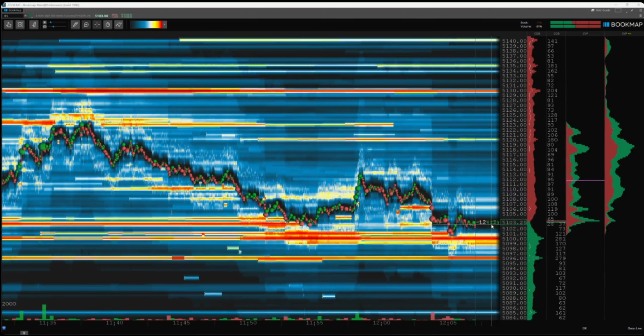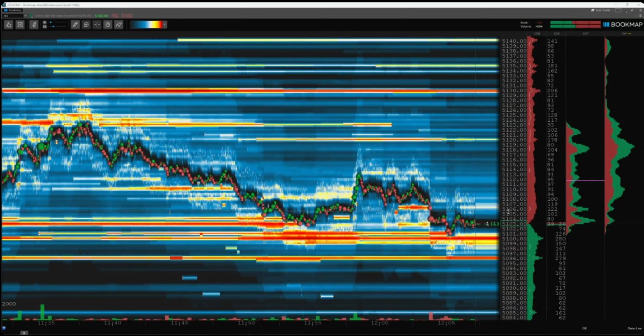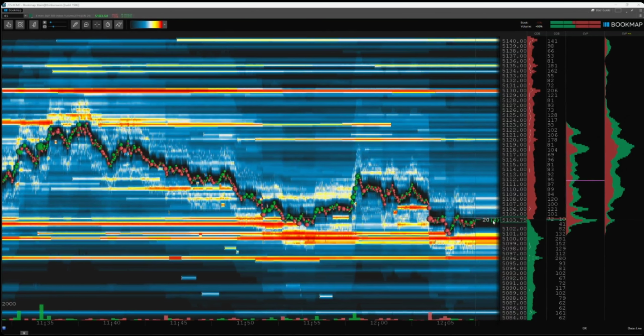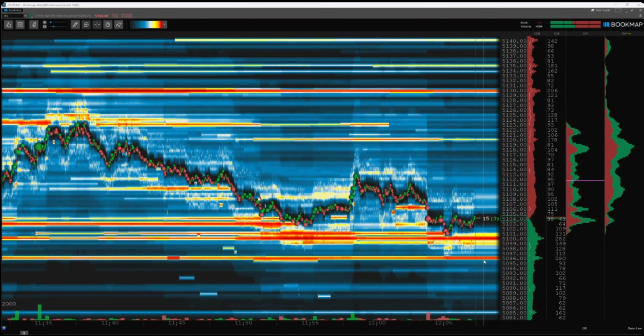But as you can see here, you've got to give it time to work. If it breaks past a specific level, okay, cool, get out. But they're battling. I don't know the type of traders you guys are or the type of accounts that you guys have, so to each his own.